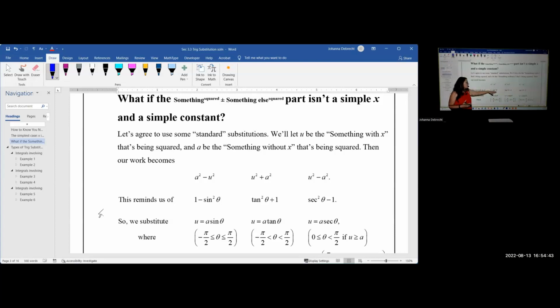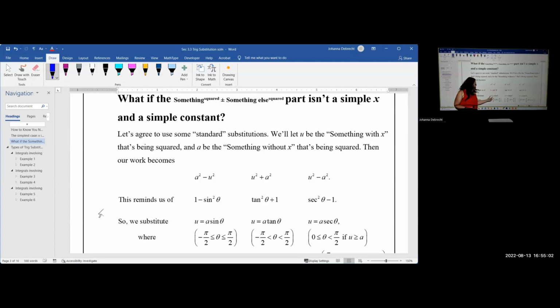Then this reminds us of the same three trig Pythagorean identities, and we'll make the same substitutions, but instead of substituting for x, we'll be substituting for u. Since this is no longer x squared and it's u squared, this becomes u.